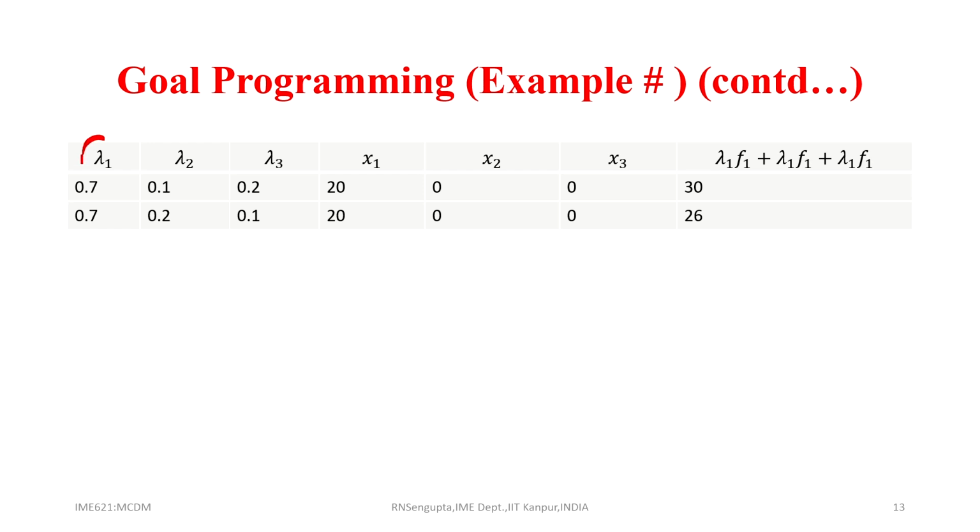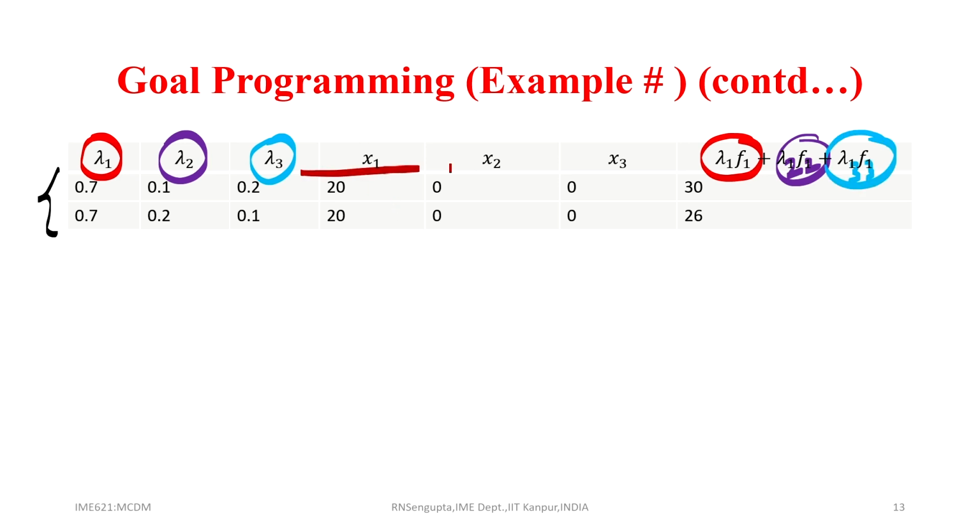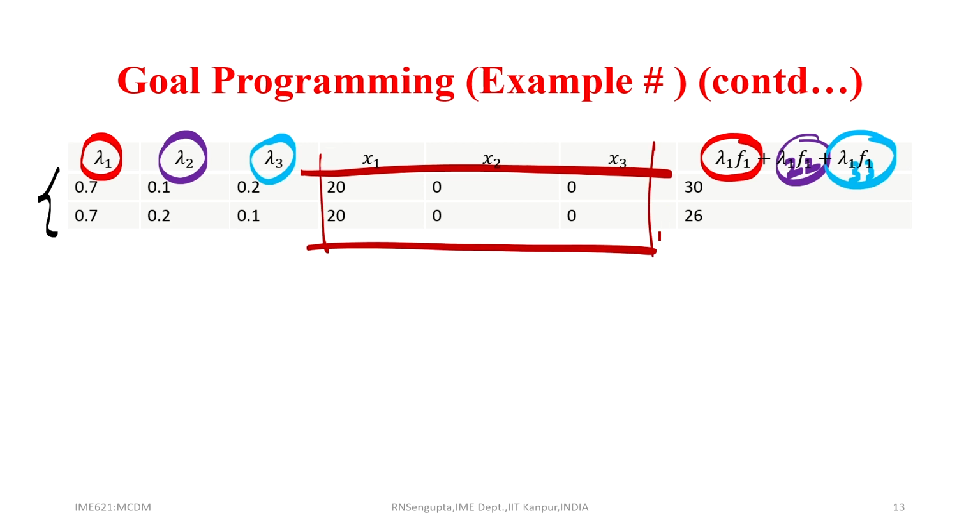The second last table here is for lambda 1 0.7, lambda 2 as given 0.1, lambda 3 given 0.2, remember, they add up to 1. This is lambda 1 into f1 plus lambda 2 into f2, lambda 3 into f3, and the decision variables are 20, 0, 0, 20, 0, 0 for the objective function 30, 26.